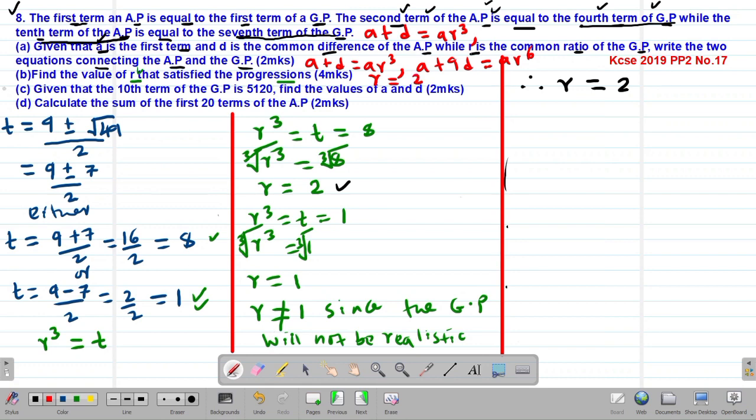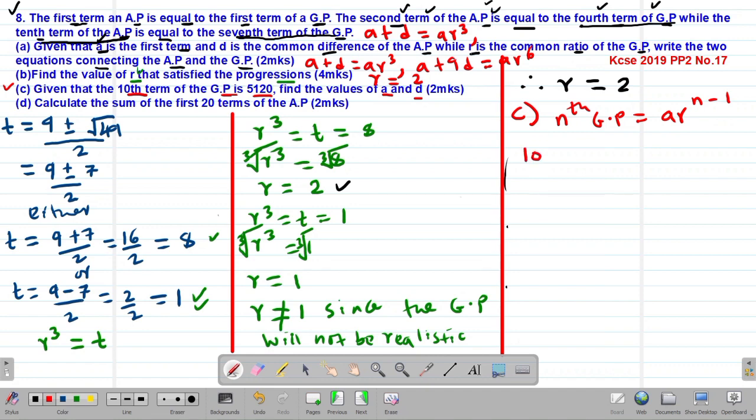Then we move to part C of the question. In part C, we are being told that given that the 10th term of the GP is 5120, find the values of A and D. Remember that for any given geometric progression, the nth term is always given by the formula AR to the power of n minus 1.